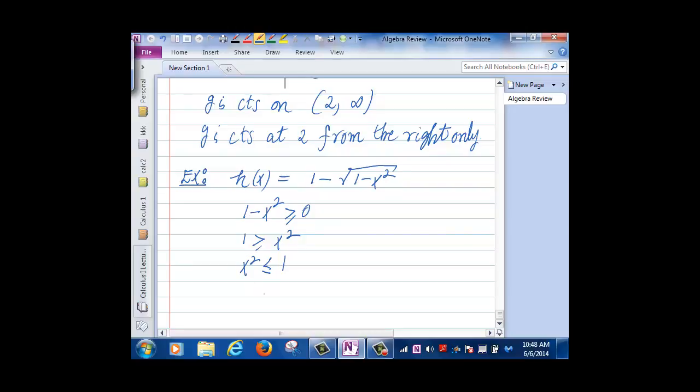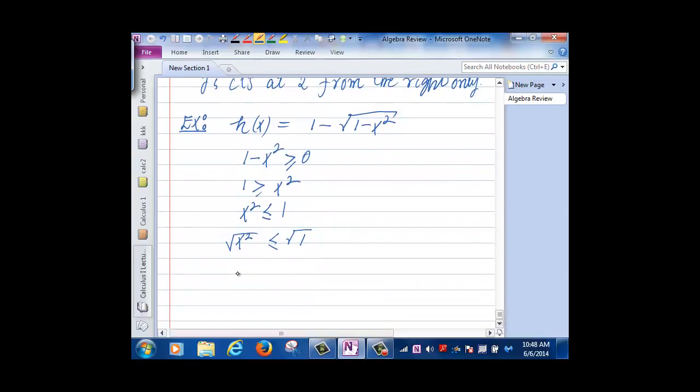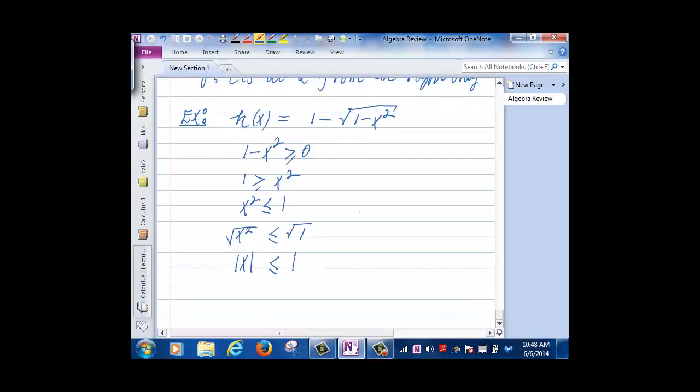Now, what can I say? If I take the root of both sides, I get absolute value of x is less than or equal to 1, right? So what's the domain then? If I have the number line, here is -1, here is +1, then x has to be where?